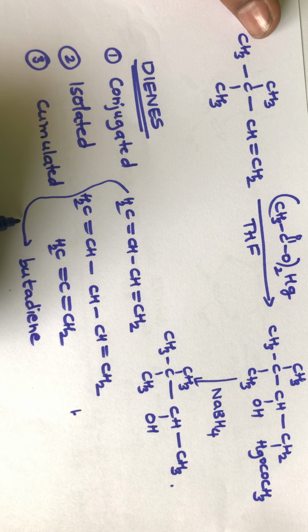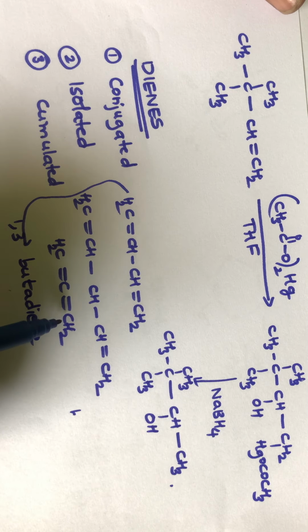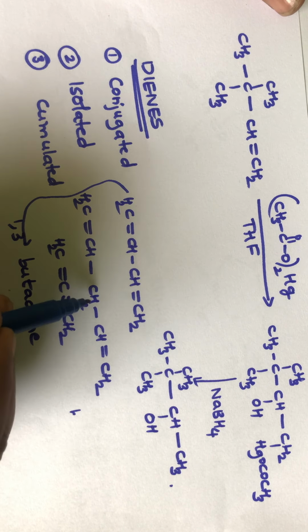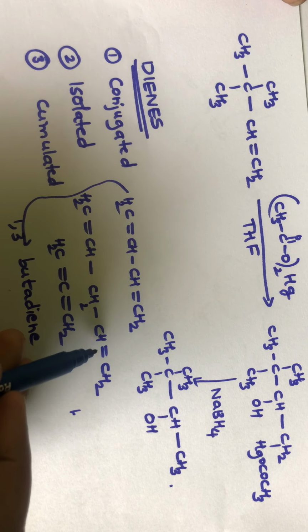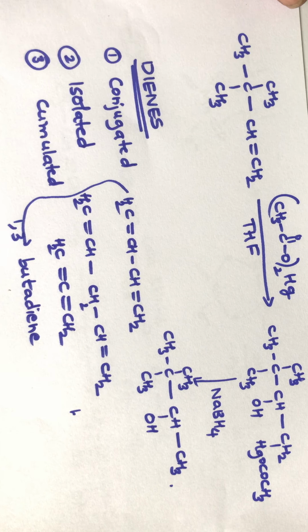So first and third carbon, so we can name it as 1,3-butadiene. Okay, so this is how you name it. If you have to name this compound, 1, 2, 3, 4, 5, pentadiene, 1,4-pentadiene is what it means.